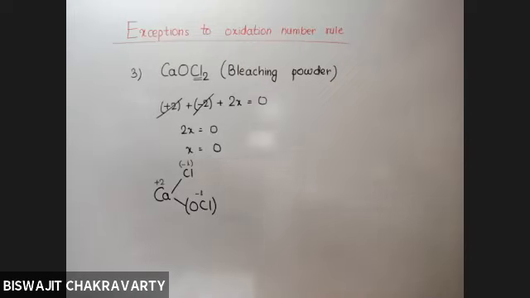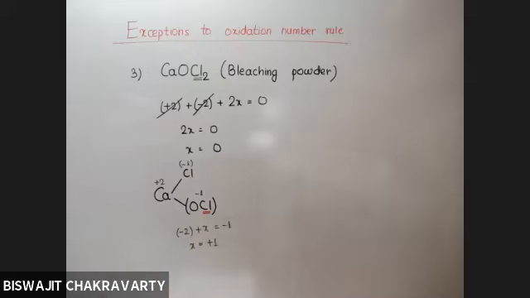But this minus 1 is a combined value of O and Cl. And if you need to calculate the oxidation number of chlorine alone, can we say oxygen is minus 2, chlorine is x, and overall is minus 1? Yes or no? Yes, sir. So accordingly, what will be the value of x?